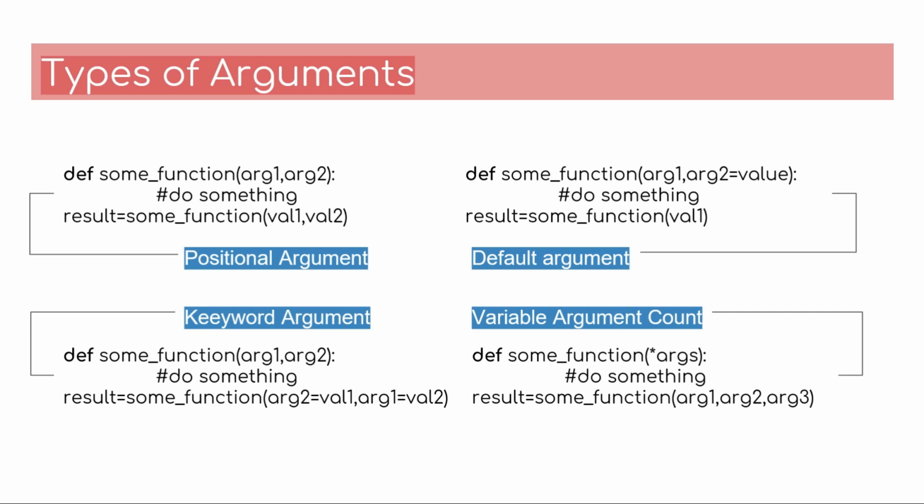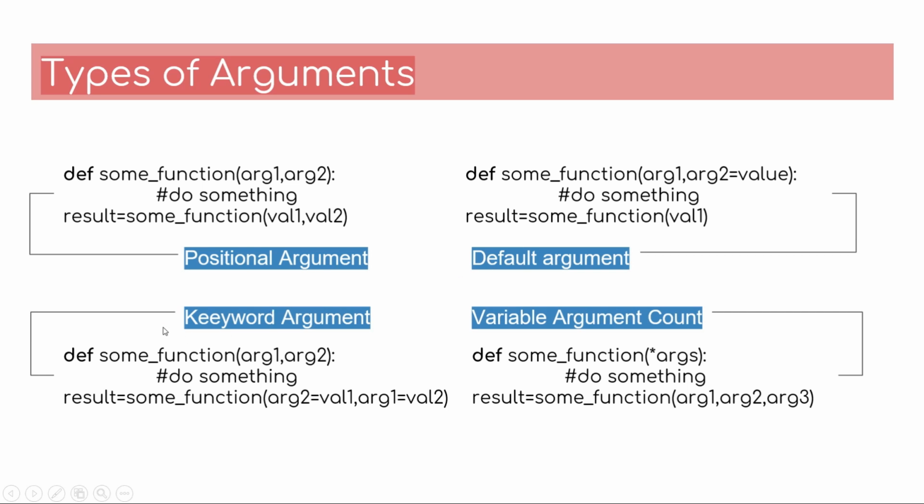It had by default the separator as space and end as new line. So you can specify your value by default. If the value is passed, then it would be overridden, otherwise it would take the default value.